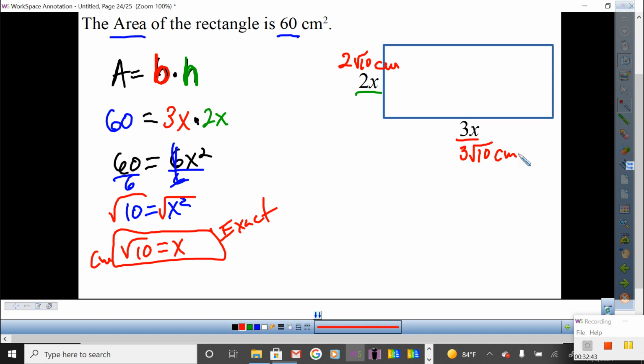But they also want us to do approximately. So question, how can I approximate square root of 10? Tell your neighbor, please. How can we find the approximate of square root of 10? Yeah, square root of 10 is in between square root of 9 and square root of 16.